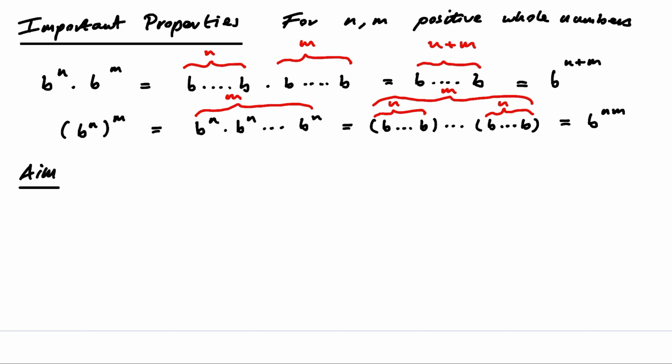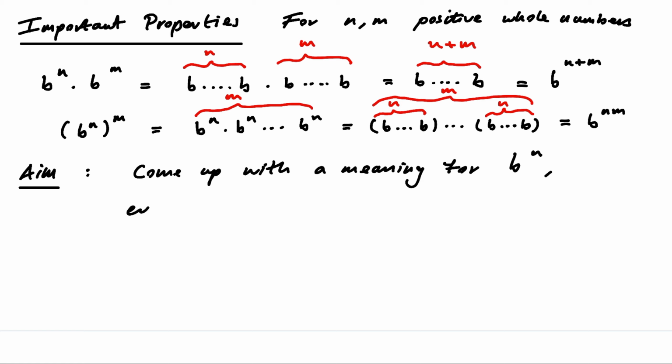Let's come up with a meaning for, let's say, b to the n, even when n is not a positive whole number. So b to the half, b to the quarter, b to the minus 5, things like that.